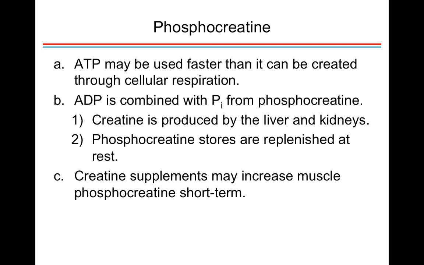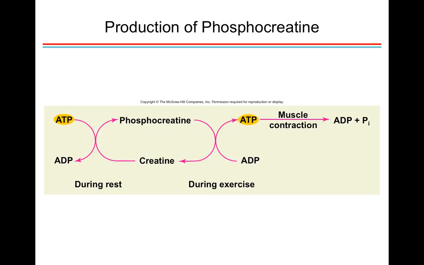So we have a molecule called phosphocreatine, and we have ADP combining with phosphate from phosphocreatine. Creatine is a molecule produced by the liver and kidneys, and when we're resting, phosphocreatine stores are replenished, and then when we want to exercise, phosphocreatine can be a great source of additional ATP to facilitate muscle contraction.